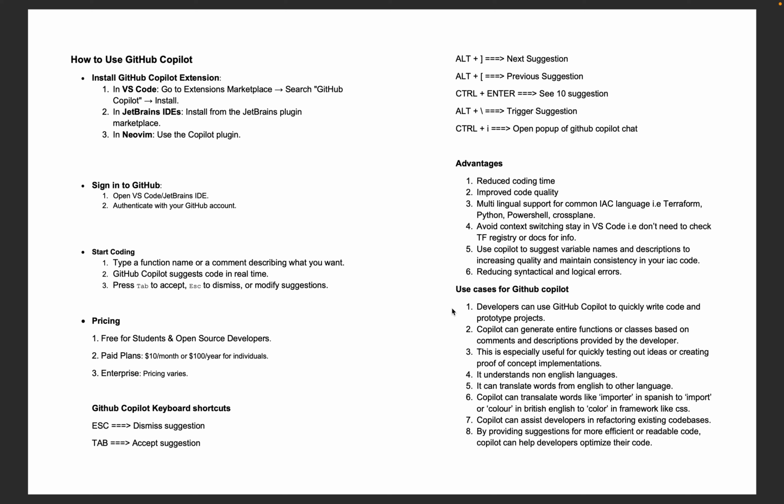So based on the description we provide in the comment form, it can generate a class, method or variable for you. Point number three is that this is especially useful for quickly testing out ideas or creating proof of concept implementations. Okay, point number four is that it can help translate the code from other languages too.